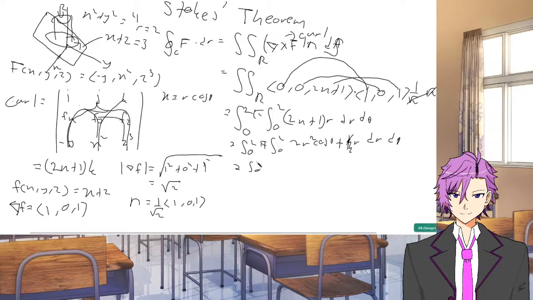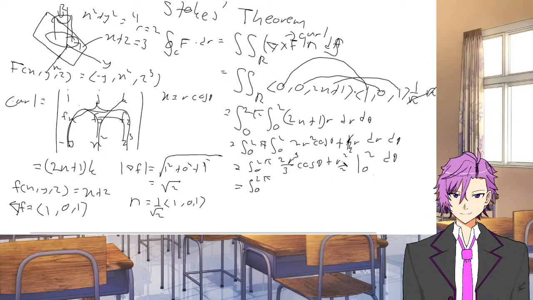So this would be 2r cubed over 3 cos theta plus r squared over 2, from 0 to 2, for theta from 0 to 2 pi.